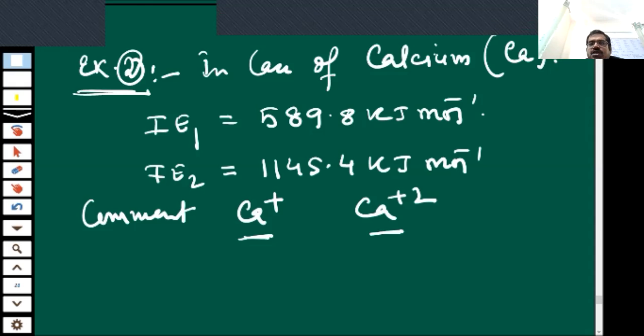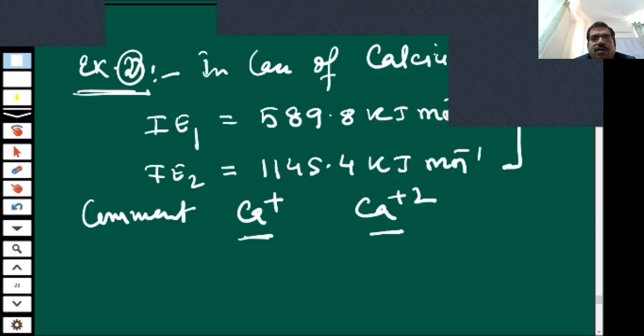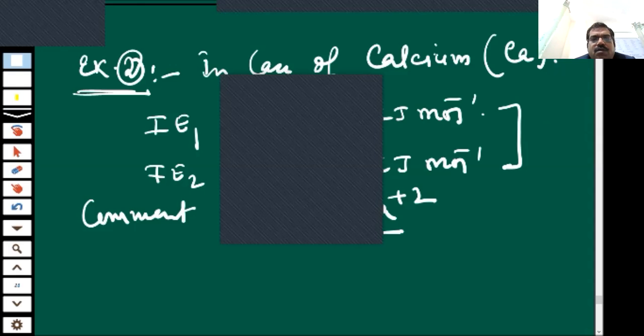See the values. These are the successive ionization energy values. You have to find out the difference and tell which one is stable and which is not stable. Both are stable, comparatively, I am telling you.